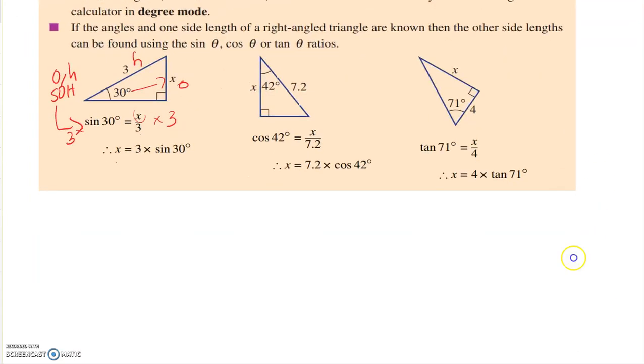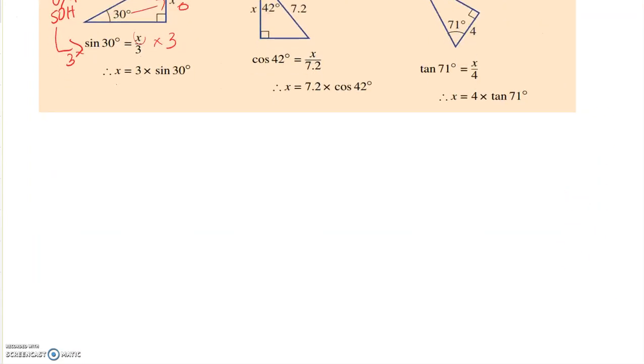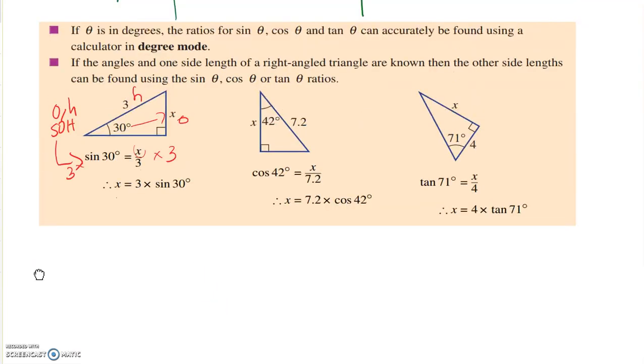Now let's do an example ourselves. Okay, it's example 2. Let's write a value there. So that is 60 degrees.